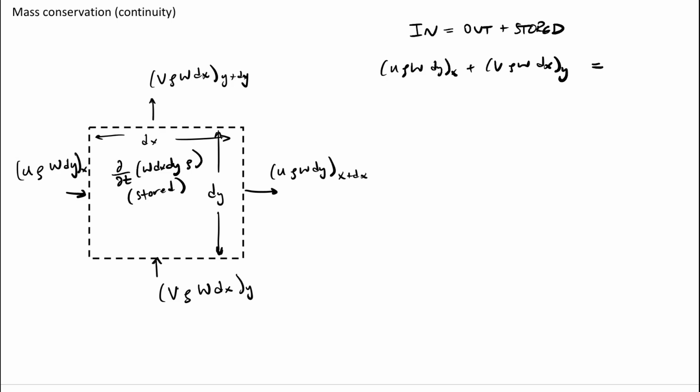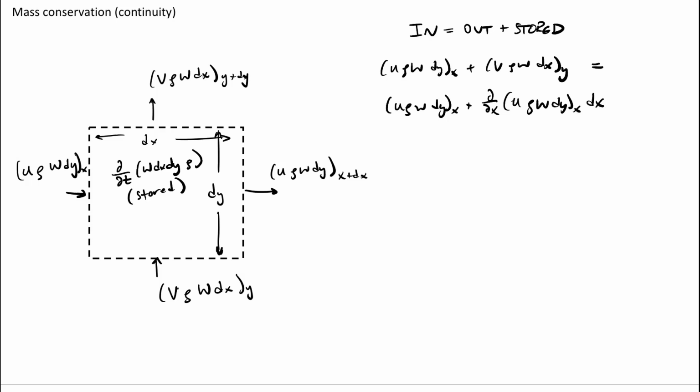So let's take what's going out first in the X direction and then expand that out. That's U rho W dy at X plus the partial with respect to X, we're expanding it out, of U rho W dy at X times dx.